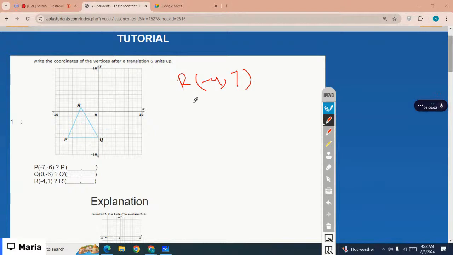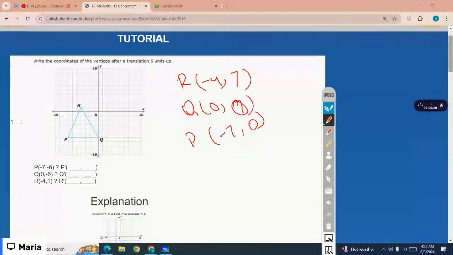The coordinates of the Q are 0 and 7, and the coordinates of P are 0 and 0, and -7 and 0. So here are the new coordinates.